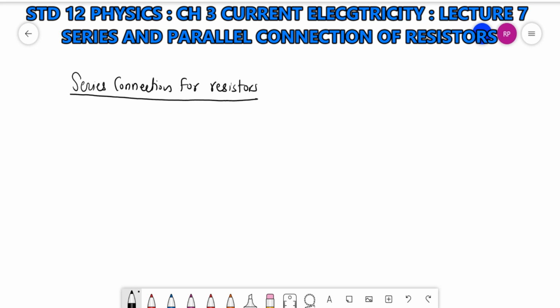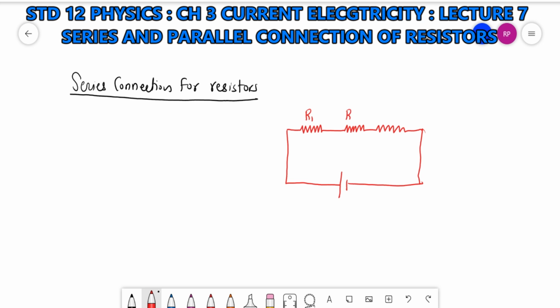Series connection for resistors. See here, I am taking three resistors, connecting them in series. Let there be resistances R1, R2, R3.